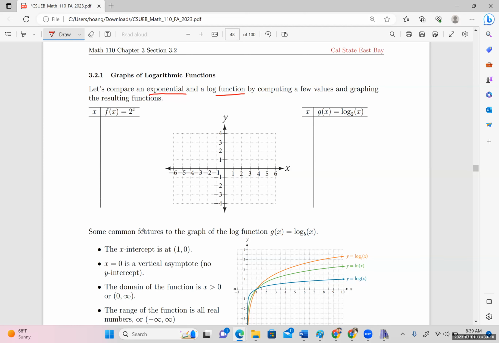Let's start with x equal to -2. The exponential function is 2 raised to -2, equal to 1/4, right?